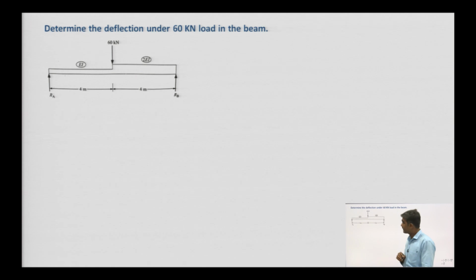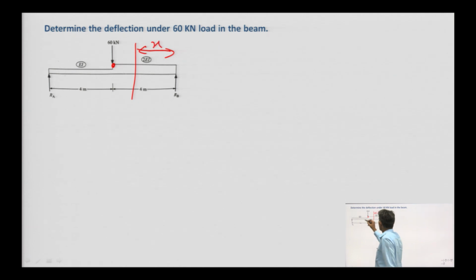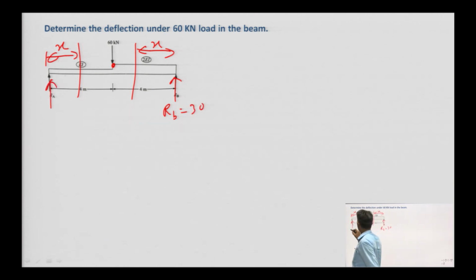Okay. Let us calculate the vertical displacement at this point. The same question was solved with the strain energy method. Now, we will solve it by Castigliano's first theorem. Two sections will be selected, this one and this one. The value of vertical reaction R b will be 30, and R a will also be 30.